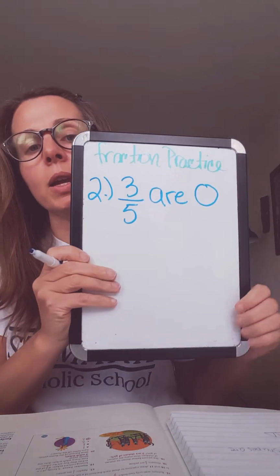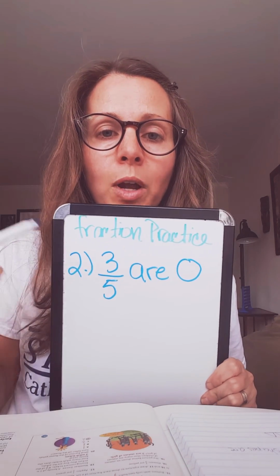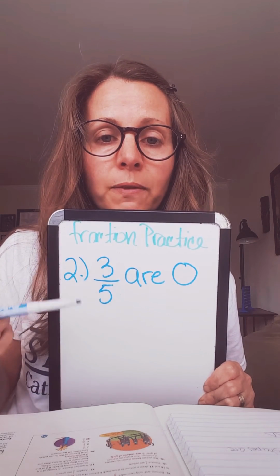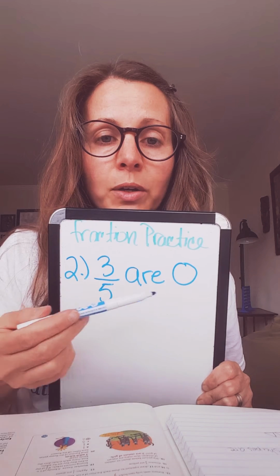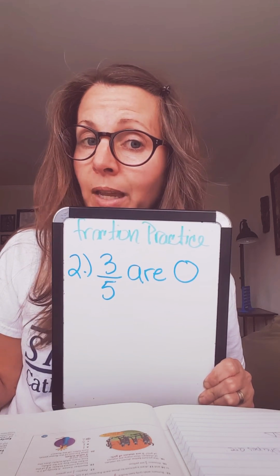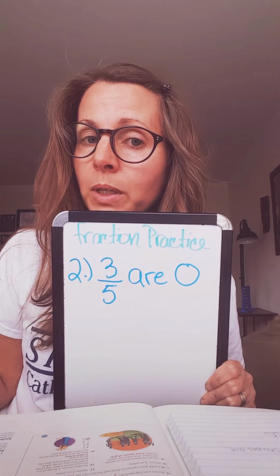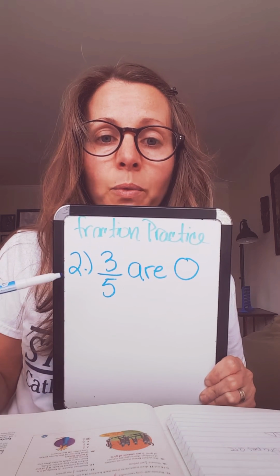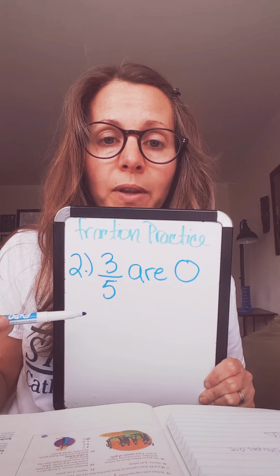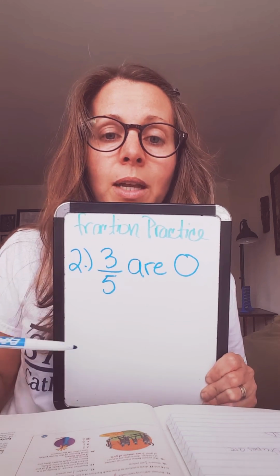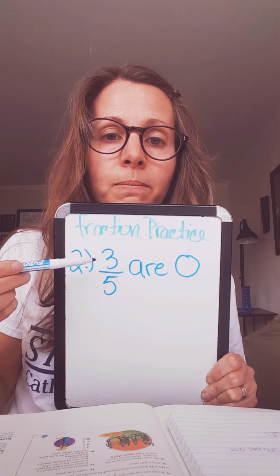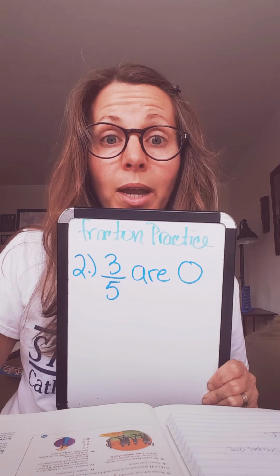So this time you are drawing me a picture that shows me 3/5 of this fraction are circles. And that's all the information I'm going to give you. So write this, number 2, 3/5 are circles. Underneath, show me a picture that matches this fraction, okay?